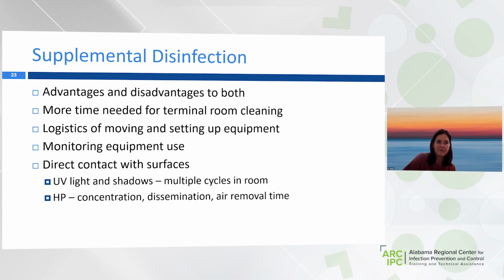The surfaces that fall into the shadows of where the light is being radiated aren't going to benefit from that disinfection. So many times facilities have found that they need to do multiple cycles with the UV lights to make sure they've addressed some of those shadow areas.